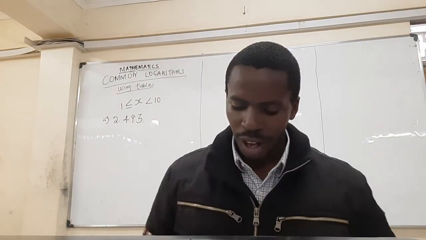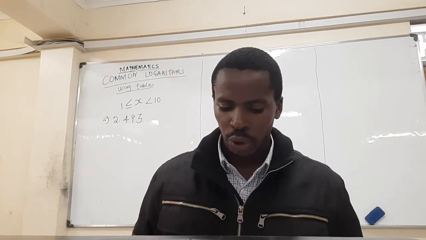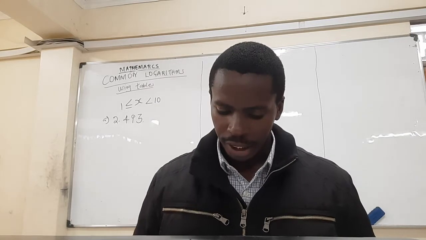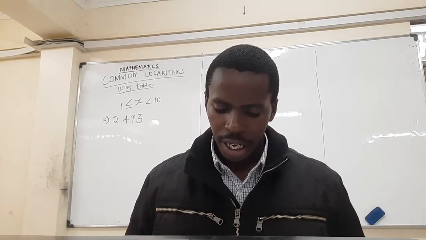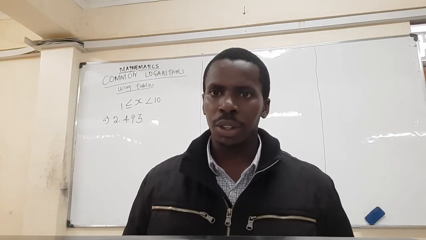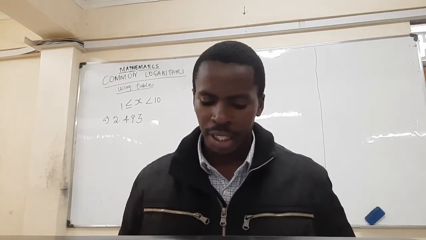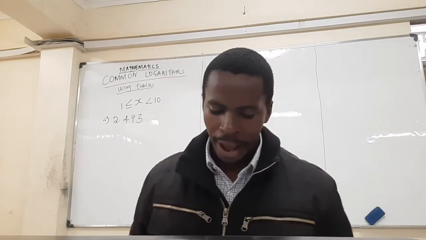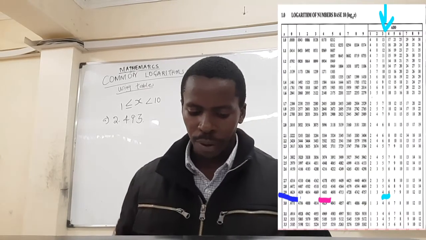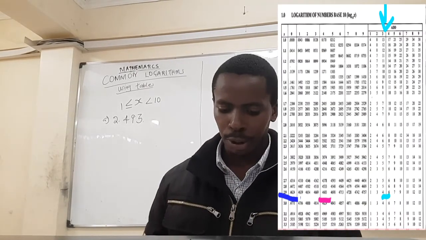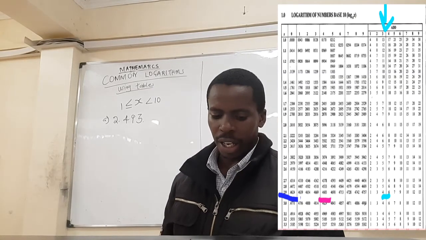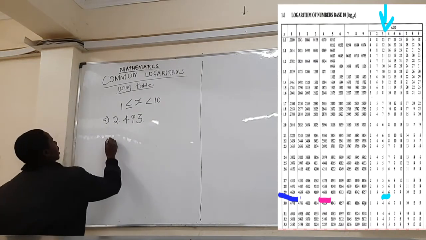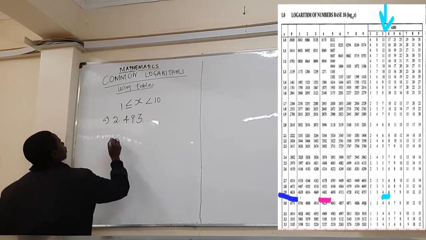We first read the value for 2.94, the first three digits, then on the additional part we add the value that corresponds to 3. So 2.94 is 0.4683.